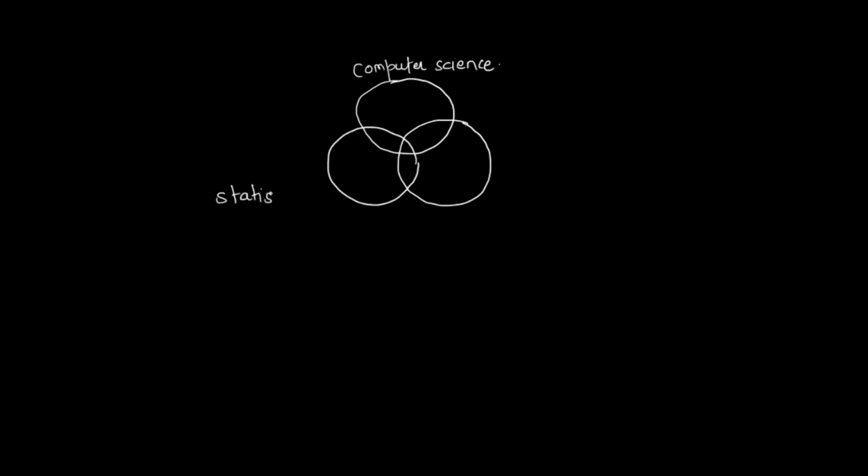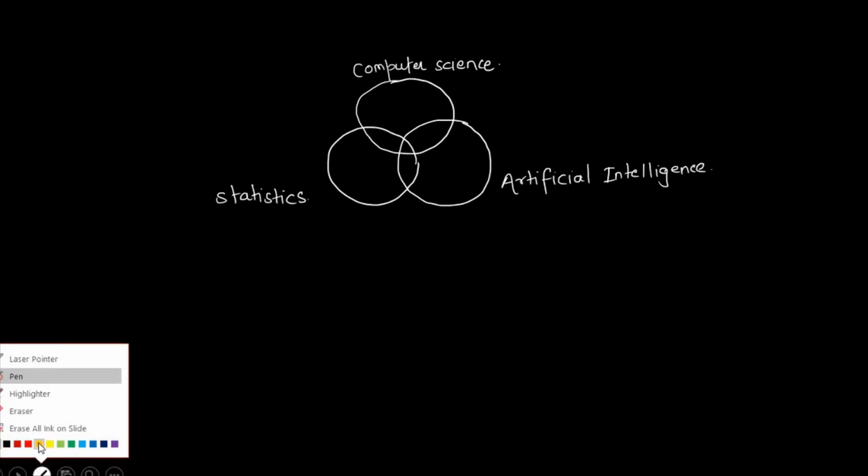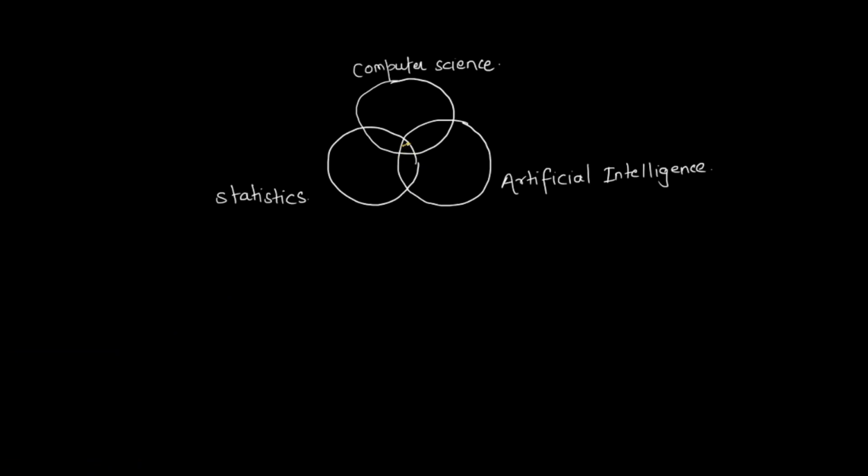And the third one is artificial intelligence. So machine learning lies in the intersection of these three fields. It means it uses concepts from these three fields. So this part shown by the yellow one is machine learning.